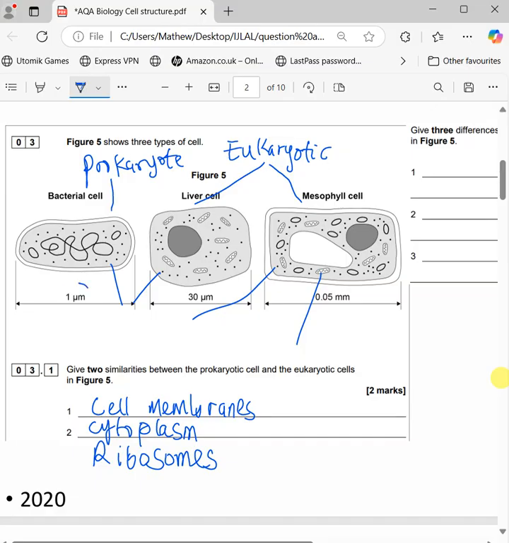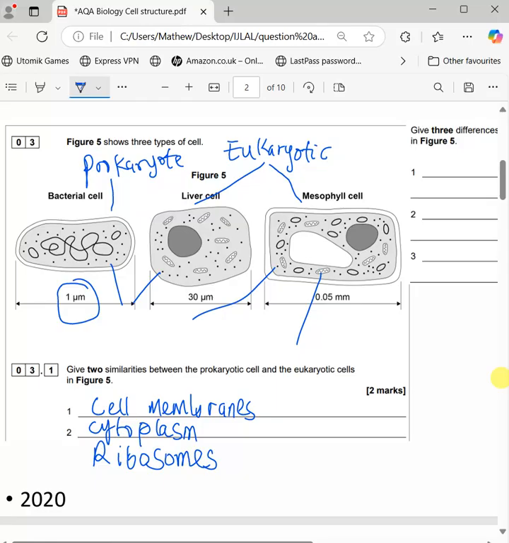Now, the prokaryotic cell is just 1 micrometer, so it is very small compared to liver cells and these mesophyll cells, which are eukaryotic cells.